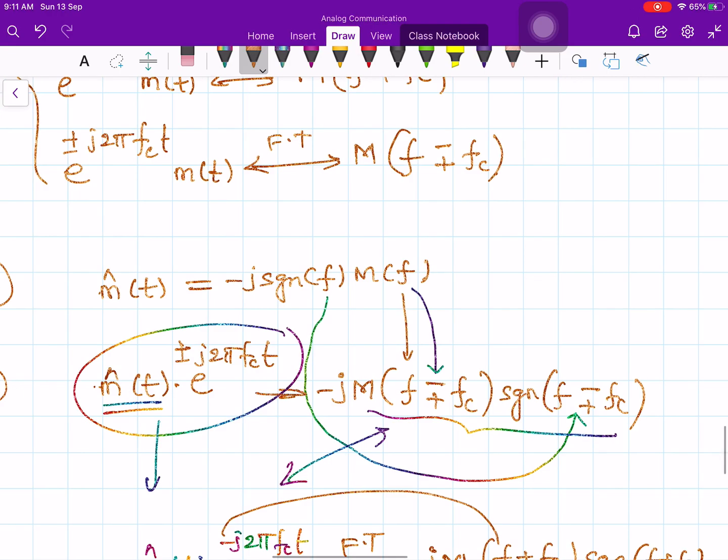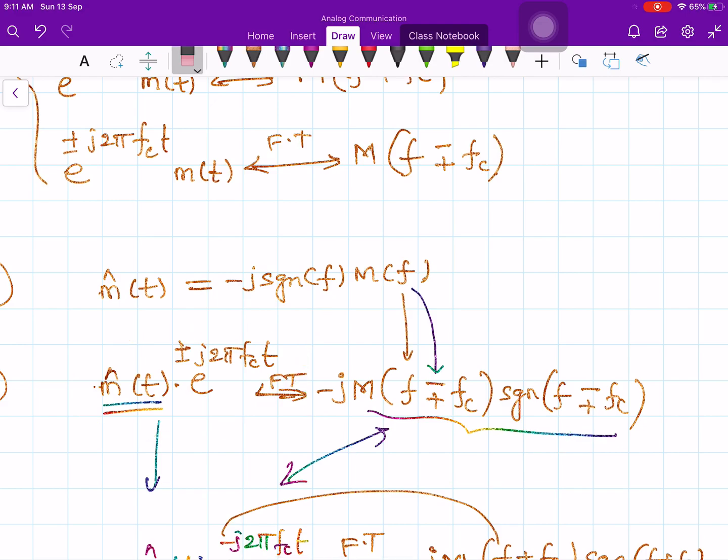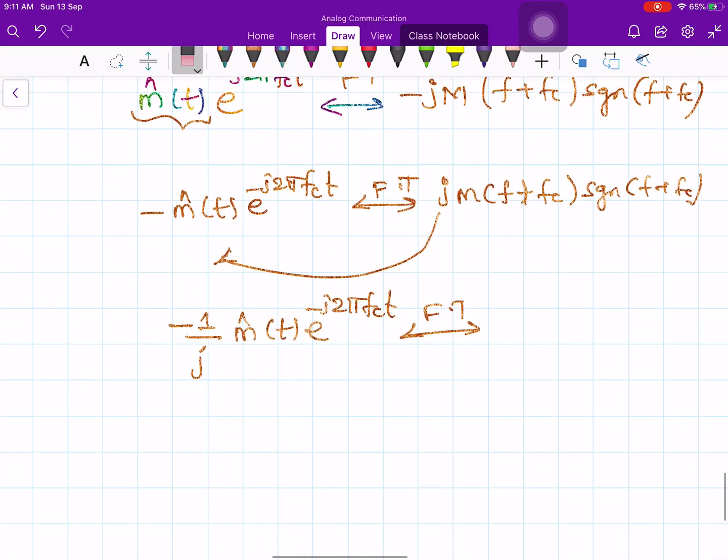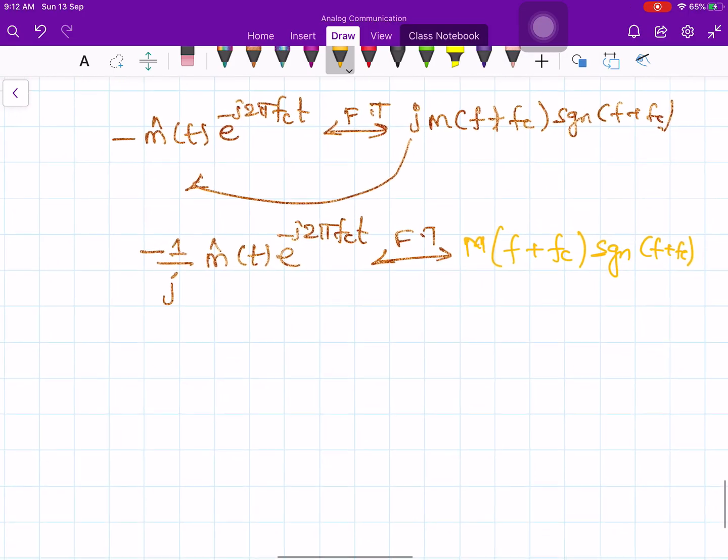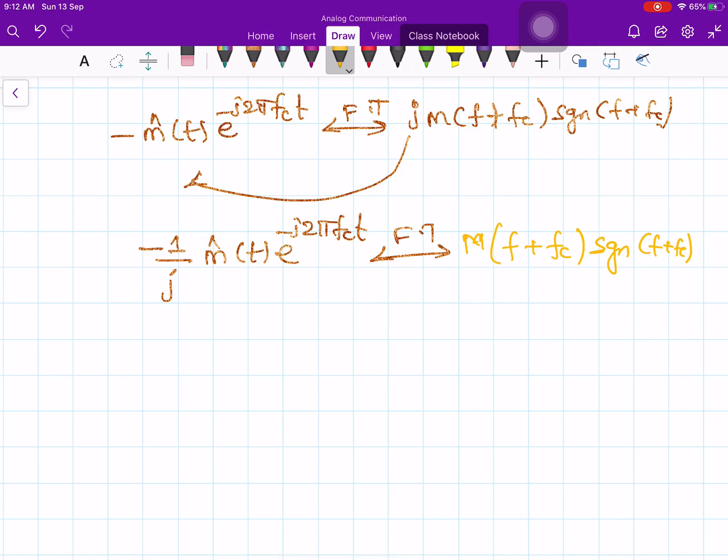by the way, this is the Fourier transform. This is going to be m of f plus fc signum of f plus fc. Now multiply both sides by A c by 4.